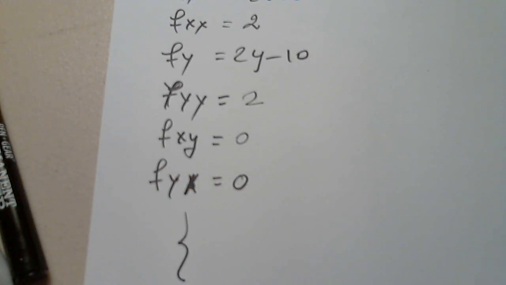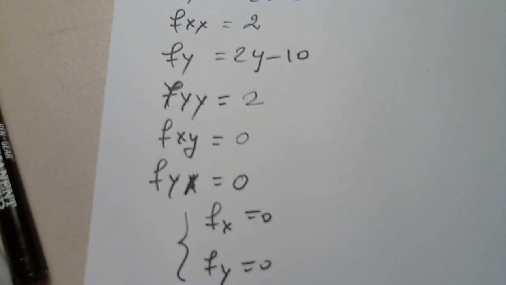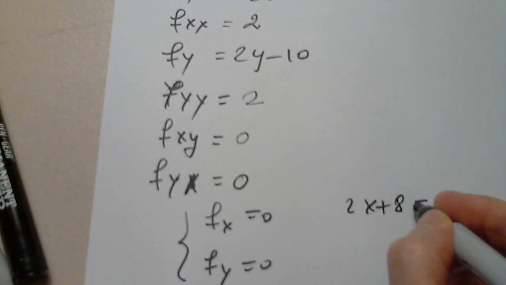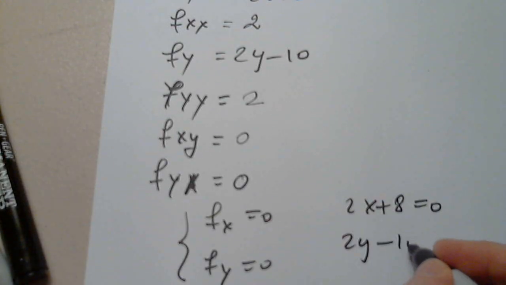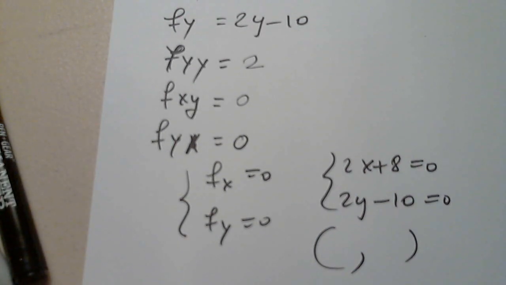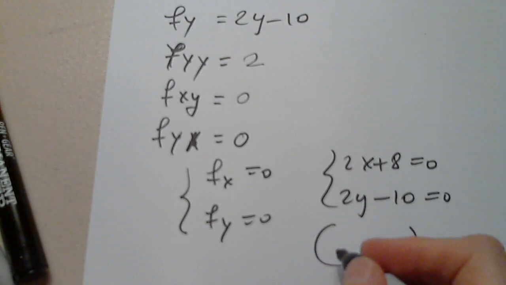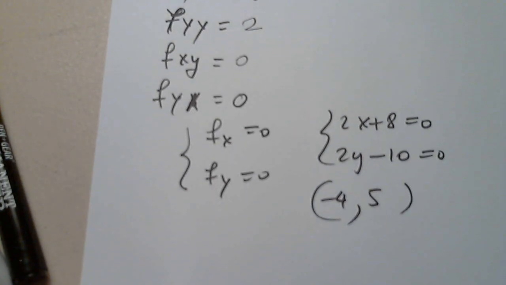Now we have to create a system. The system is fx equals 0 and fy equals 0 because we need a point. So we have 2x plus 8 equals 0 and 2y minus 10 equals 0. Can anyone give us the point for this problem? -4 and 5. Very good.